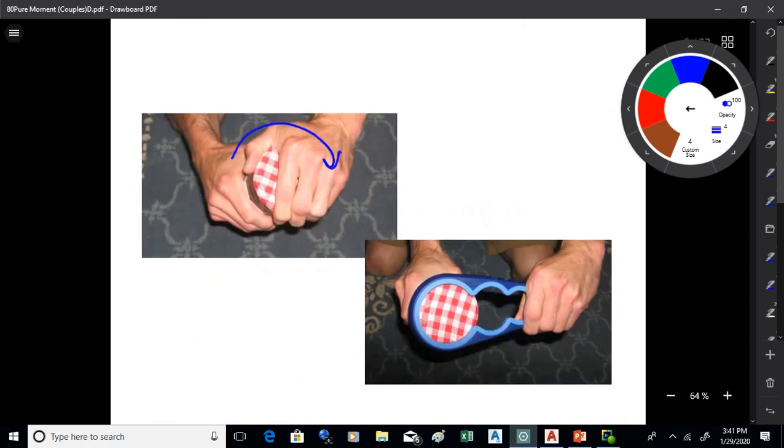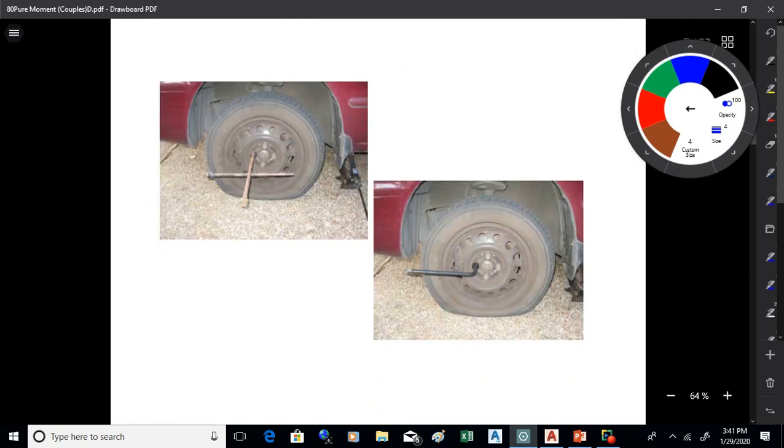You can just twist it, or you can apply a force at a distance. Okay, so a number of examples of this. You can just push on the wrench, or if you have the old T-bar style wrench, you can have 2 equal and opposite forces. There's a really good example of what they call a couple. And you could twist that nut off of there. Okay.